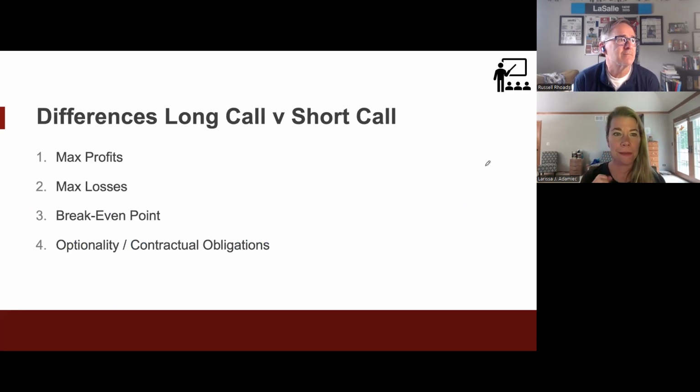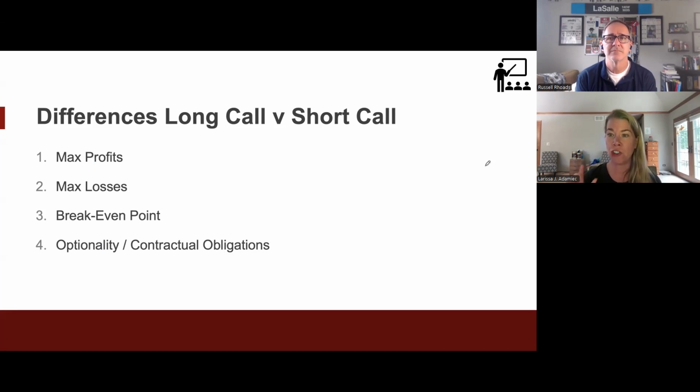So the differences between the long call and the short call are max profits and max losses. They're reversed. It's the same for our break-even point, and that's hard to really wrap your mind around. When we get into the third session, we talk about moneyness.